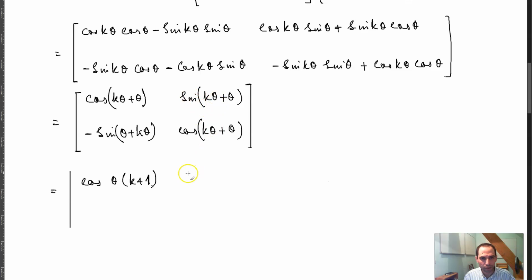And this becomes sine of theta times k plus 1, and this is negative sine of k plus 1 times theta, and this becomes cos of theta times k plus 1.